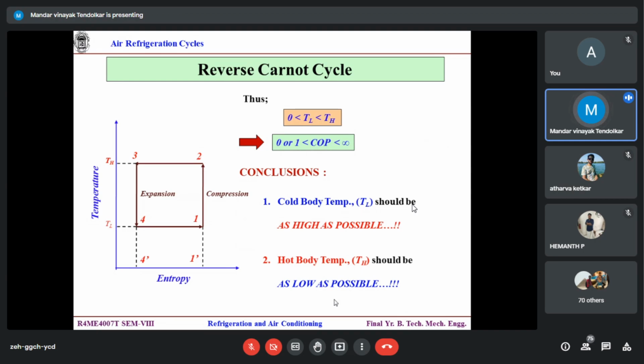So this is a self-contradictory, funniest requirement. Now, taking into consideration all these things, any doubt to anyone? No, sir. Now, taking into consideration all these things, I want to make a practical cycle. Carnot is impossible, we know. Why?